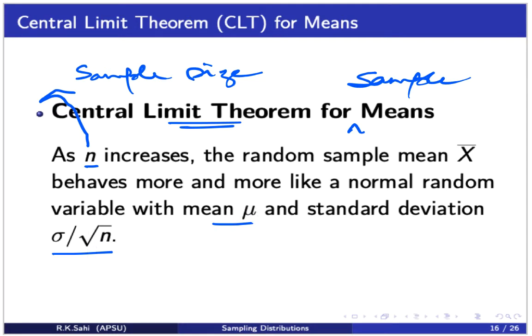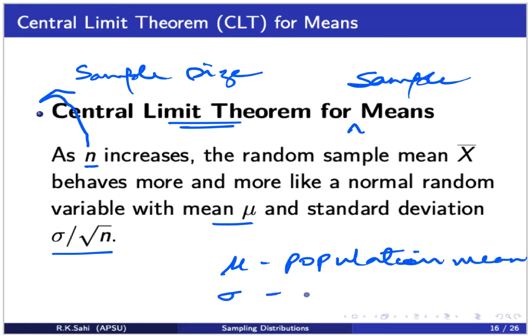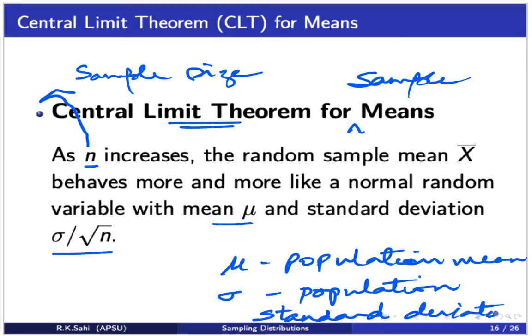Keep in mind, guys, that the mu here is the same as the population mean, and sigma is the population standard deviation. So in order to find the sample mean and standard deviation, we need to know the population mean and the population standard deviation to find our answers.